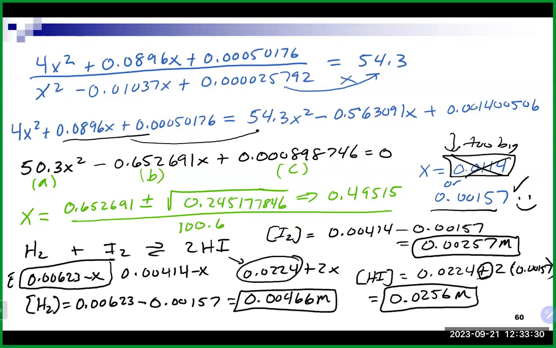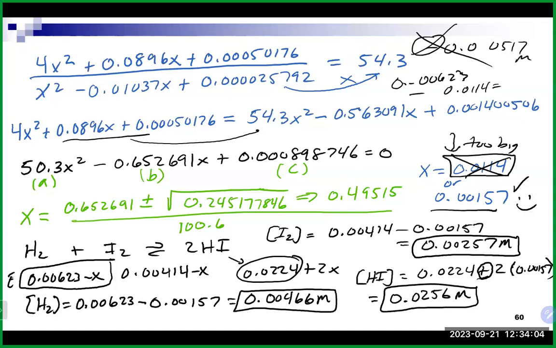So for example, if we took that first one, we'd go 0.00623 minus our 0.01, I think 114. And if we do that, that would tell us that at equilibrium, if that was our X value, we would end up with a concentration of -0.00517 molar, which clearly you cannot have a negative concentration.